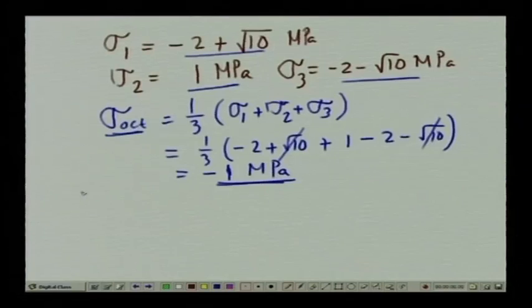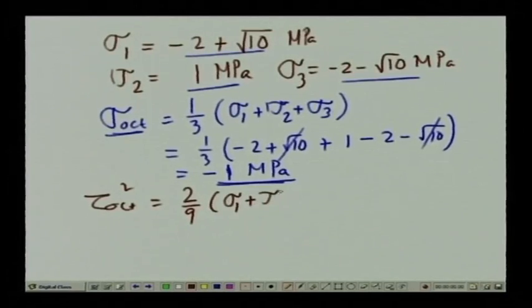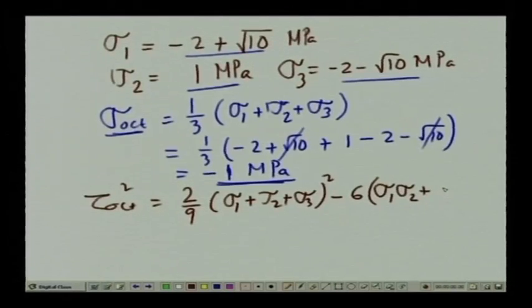So, this is the value of sigma octahedral, or the normal octahedral stress, and tau octahedral we compute in this form: tau octahedral square is equal to 2 by 9 times the square of sigma 1 plus sigma 2 plus sigma 3, minus 6 times sigma 1 sigma 2 plus sigma 2 sigma 3 plus sigma 3 sigma 1.